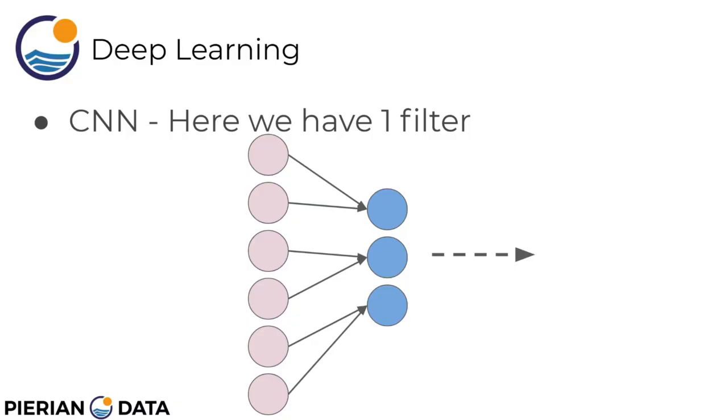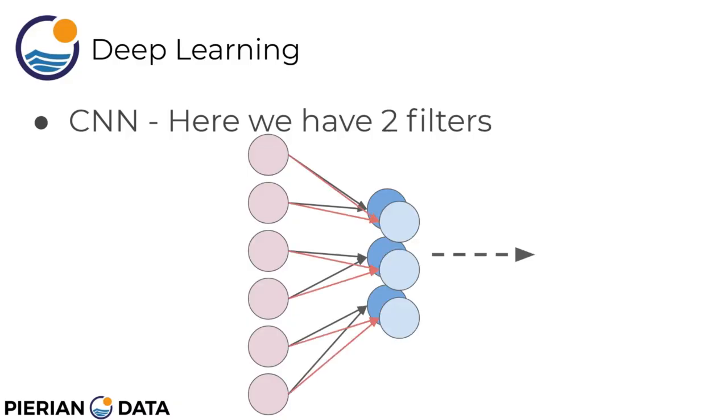Because of this convolutional layer with localized connections, these localized connections end up creating this filter, and the network itself is going to figure out the best weights for this filter. And then we could add another filter. As you're training your convolutional neural network, you get to decide how many filters you want to apply to this image, and have the network learn the best weights for the filters.